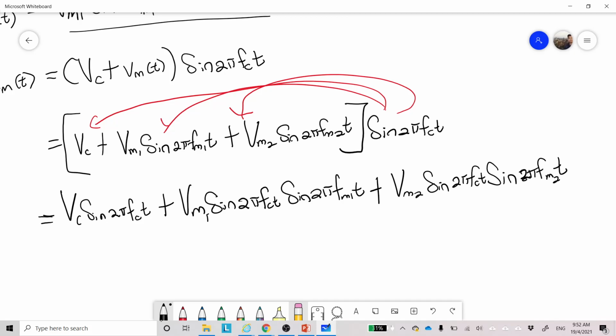Okay, so this one becomes cos. So according to the trigonometry identity, sine and sine becomes cos and cos.